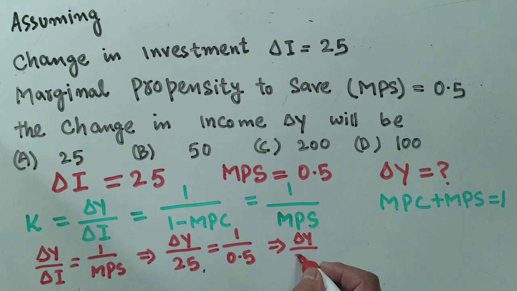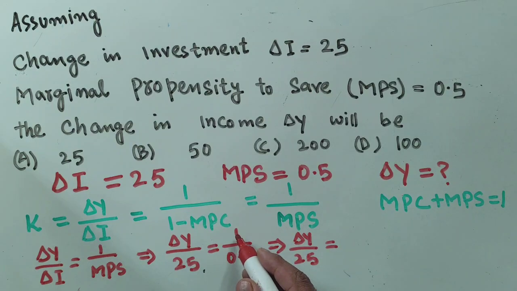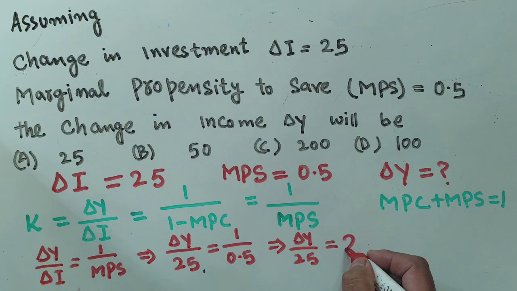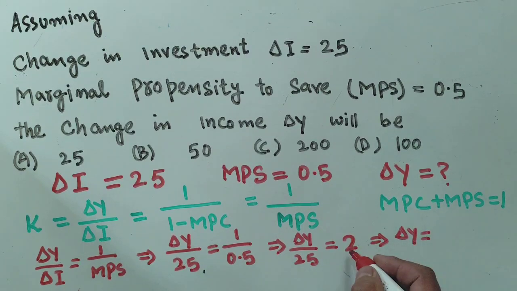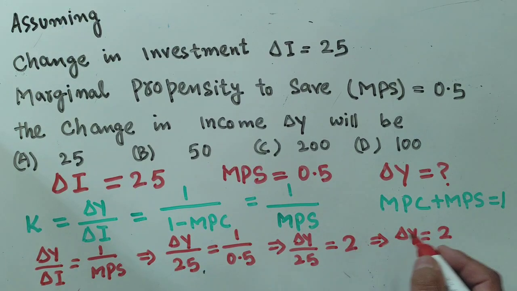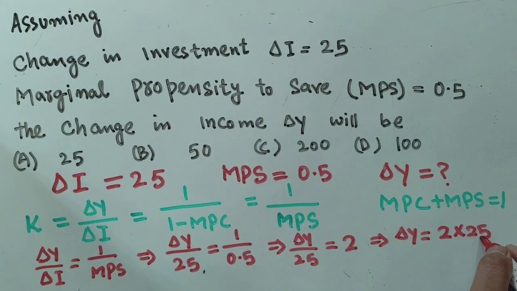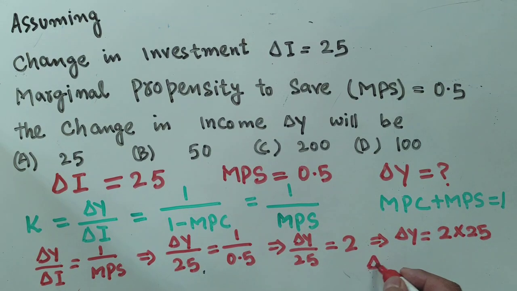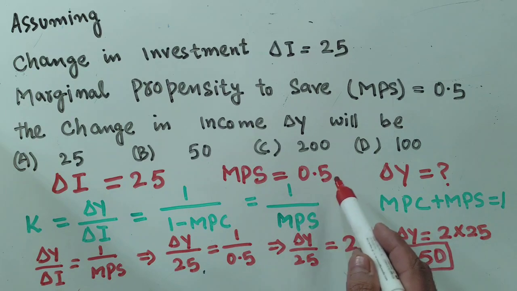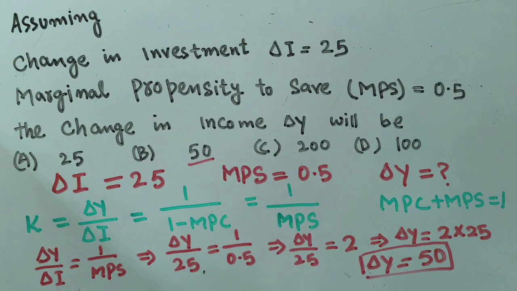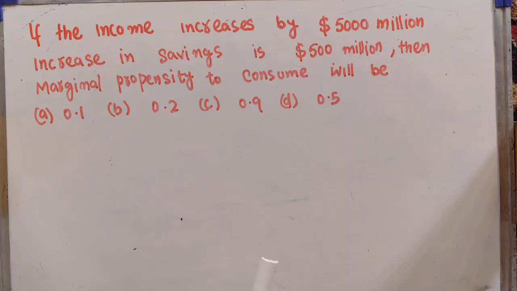Del Y upon 25 is equal to, what is 1 upon 0.5? It comes out to be 2, which implies del Y will be equal to, we have 2 here, if I transpose 25, it gets multiplied, it becomes 25, which means the change in the income will be equal to 50. So the correct option in this case should be this option, B option.